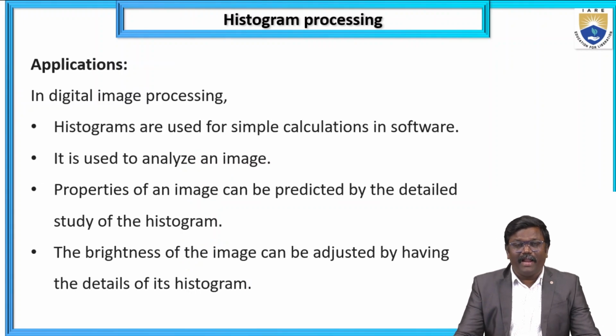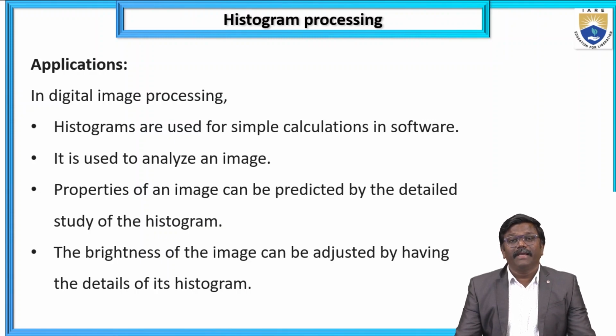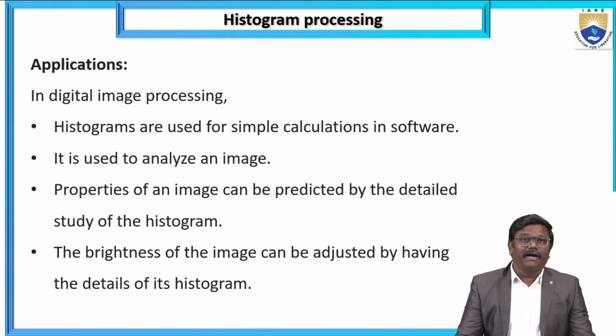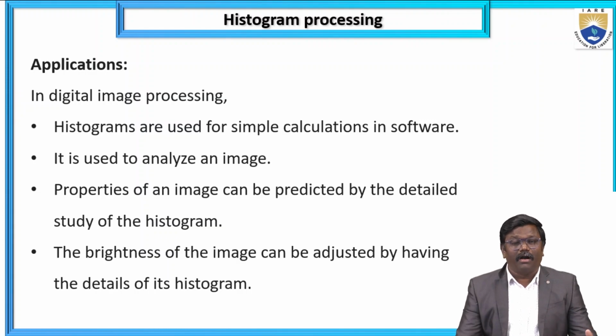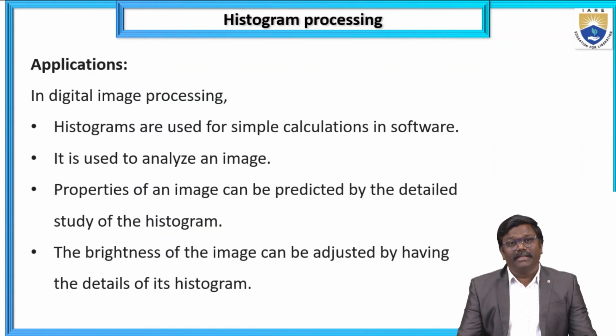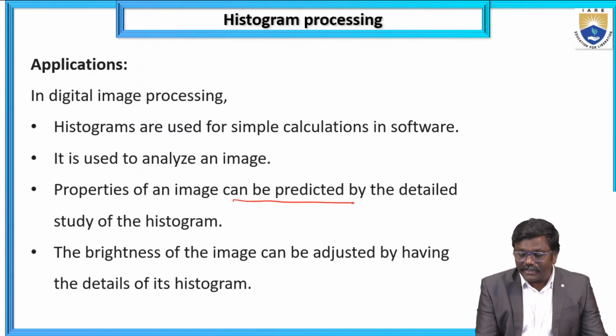Next we are going to see what applications we can concentrate on here. The applications are in digital image processing. Histograms are used for simple calculation in software methods, and they are used to analyze the intensity values of image pixels. The variations of pixel intensity, in terms of the properties of an image, can be predicted by a detailed study of the histogram.